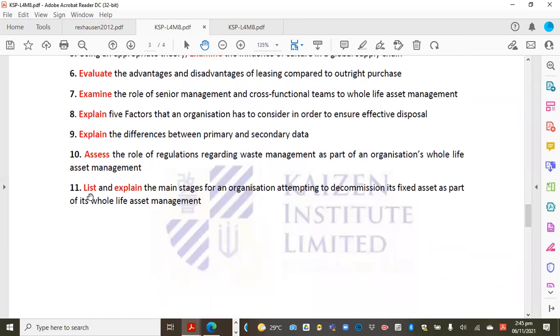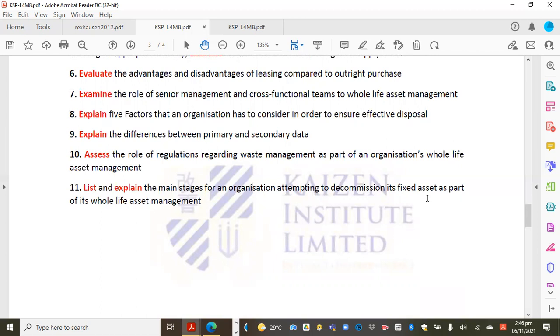Then, list and explain the main stages for an organization attempting to decommission its fixed asset as part of its whole life asset management. Usually I don't even talk much when it comes to decommissioning, because the processes are so clear in the book: the preparation, dismantling, processing, and disposal.